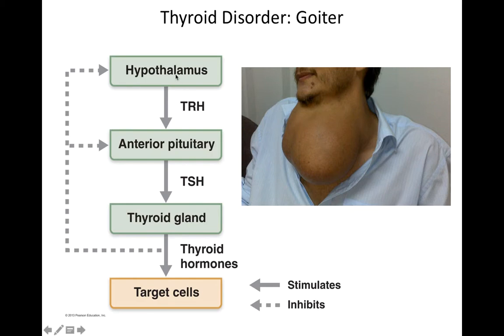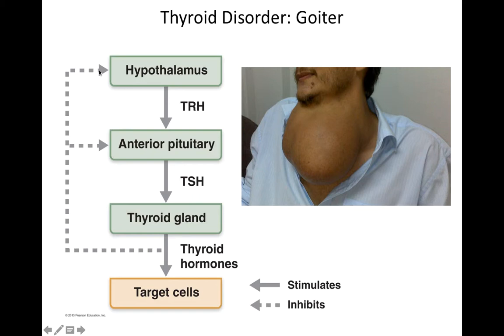So what's supposed to happen is the hypothalamus releases thyrotropin releasing hormone, which targets the anterior pituitary, which releases thyroid stimulating hormone, which targets the thyroid gland, which releases thyroid hormone, which causes thyroid hormone levels in the blood to increase, which should then come back up and inhibit the anterior pituitary and the hypothalamus.